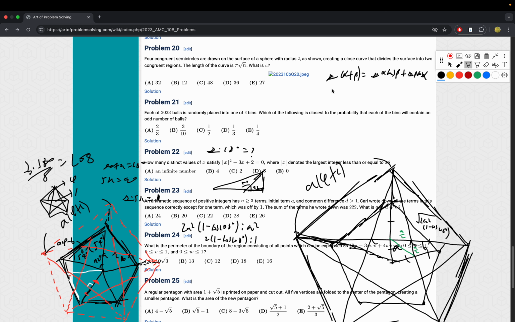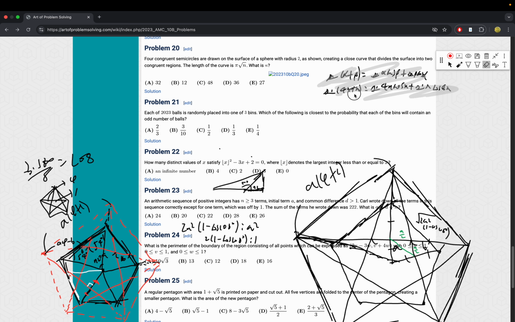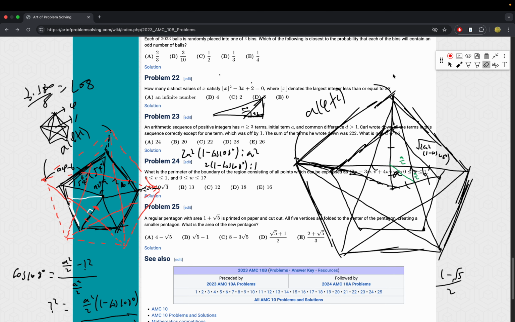So sine 4x plus x equals sine 4x cosine of x plus sine of x and cosine of 4x... Wait, this is not how we do it. I cannot believe that I forgot the way to solve this one. No, actually, if we just find this, then we're done. That's quite unfortunate. I need to review.